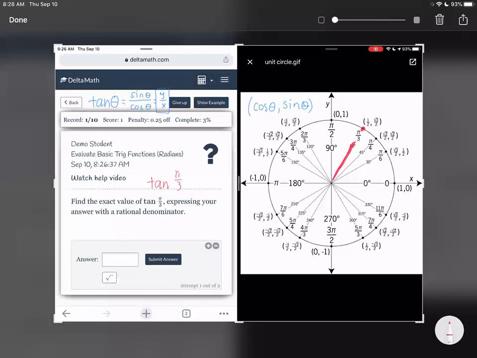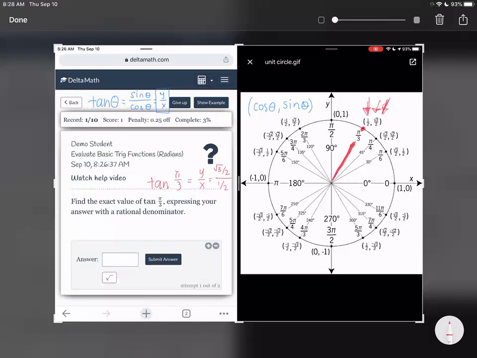Remember that tangent is y over x. So let's first note our y value, which is root 3 over 2, and then put our x value on the bottom, which is 1/2.